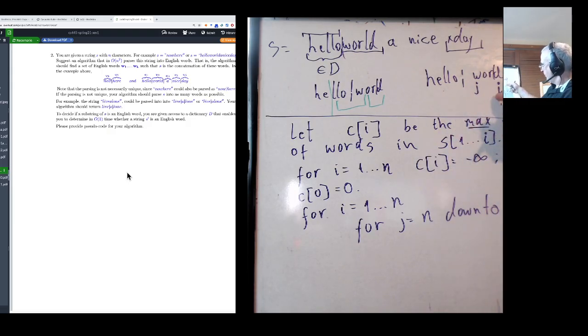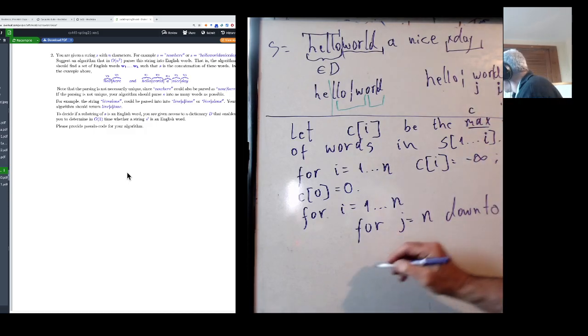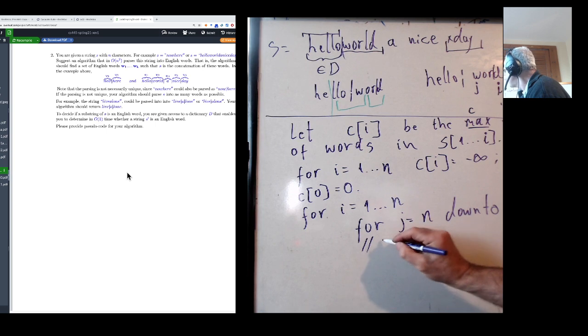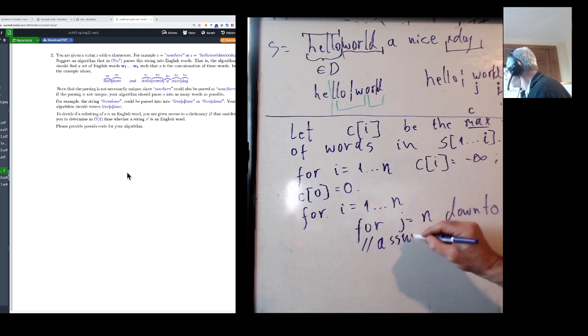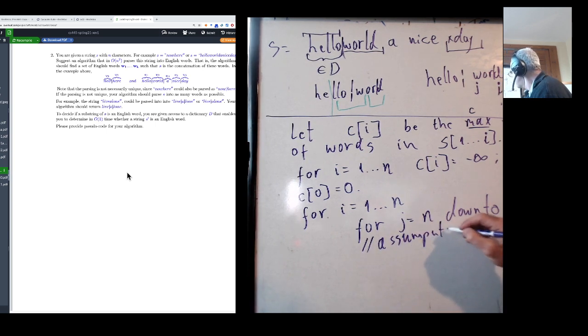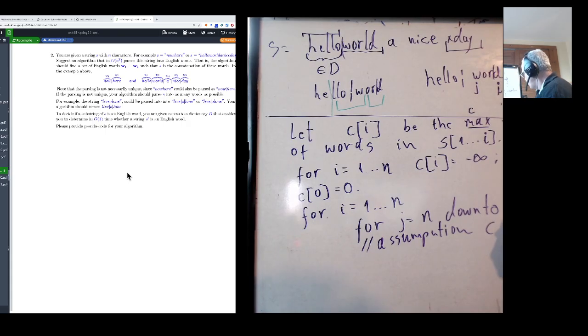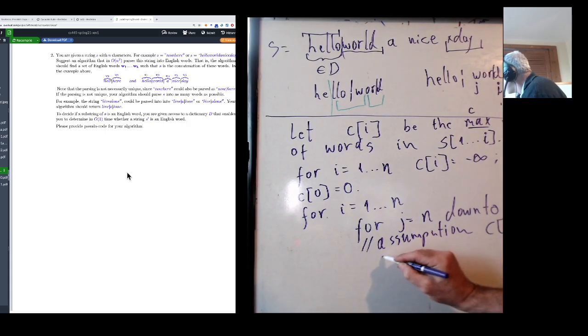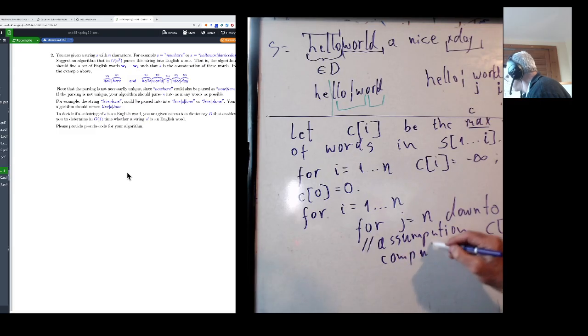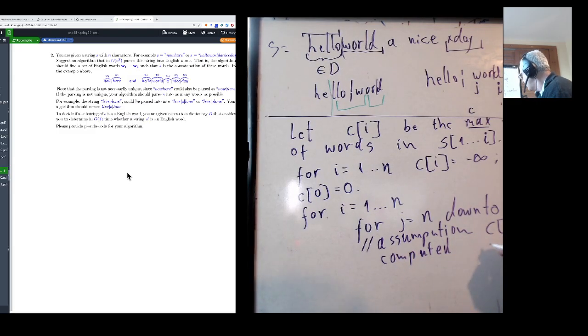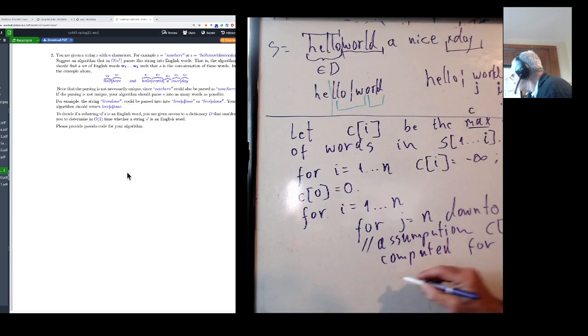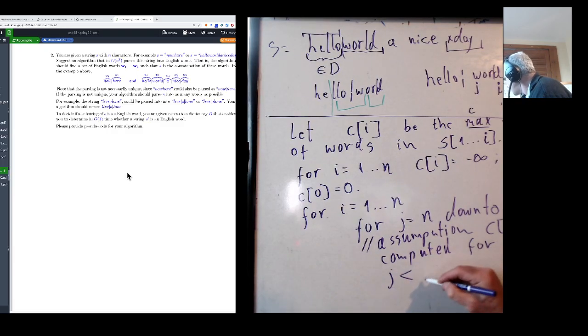And remember, at this point, I assume that, by induction assumption, C of j is computed already and memorized for every j smaller than I.